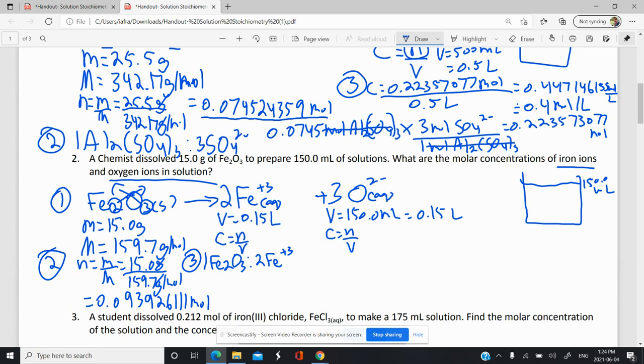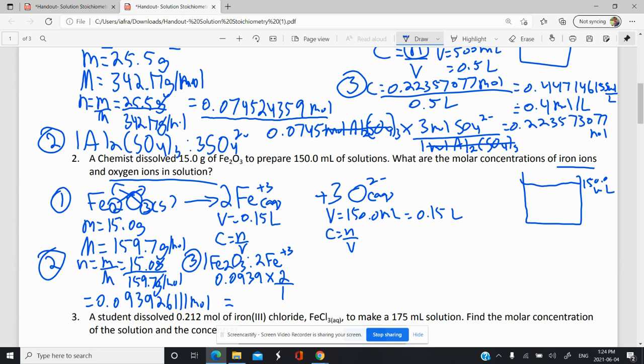Now I'm going to shorten the way I write the units just to save some space here, but basically what I'm doing is I'm taking my moles of the iron 3 oxide, 0.0939 times, and you would do the units much the same way we normally do, but again, to save space, I'm just showing you this here like this. So times 2 over 1, and that should give you your number of moles of the iron 3 plus.